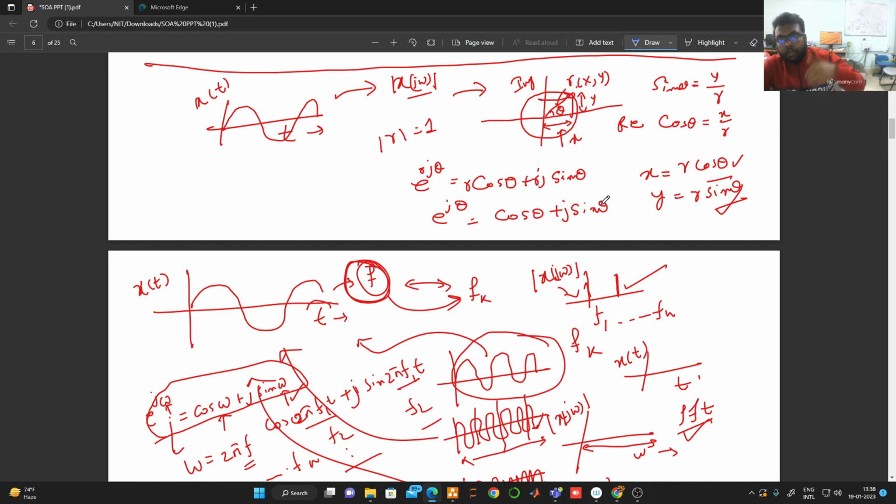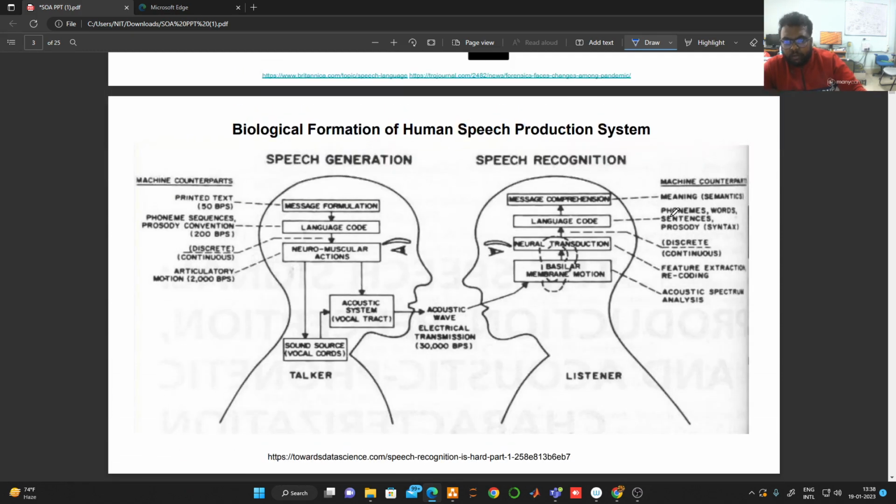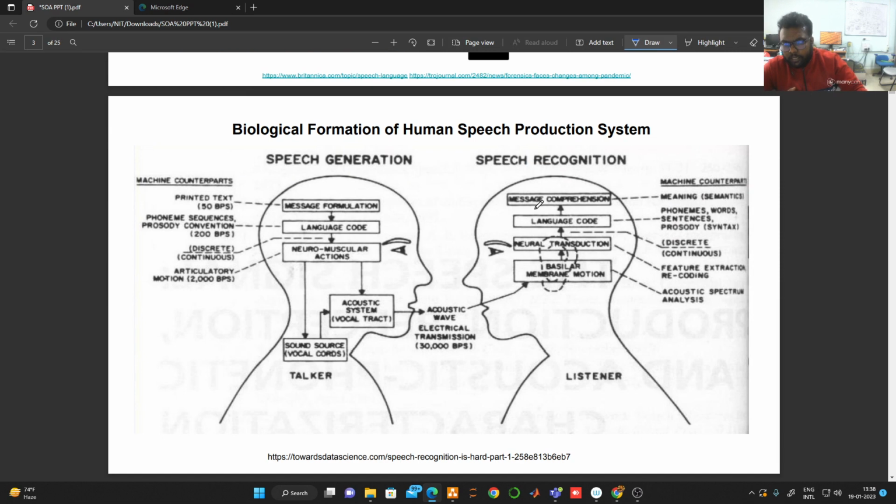There are different types of speech representations. I will include all the mathematical formulation in my upcoming video. This was just a glimpse of the basic idea of how speech recognition and synthesis systems work, and how the human speech production system generates speech, with the steps involved.